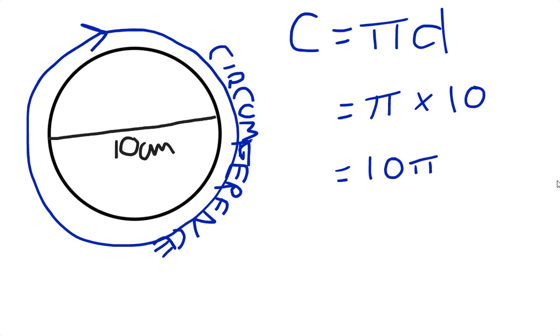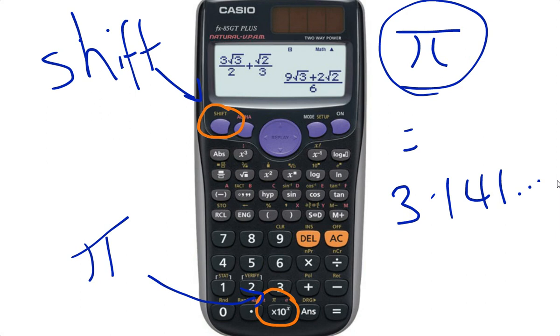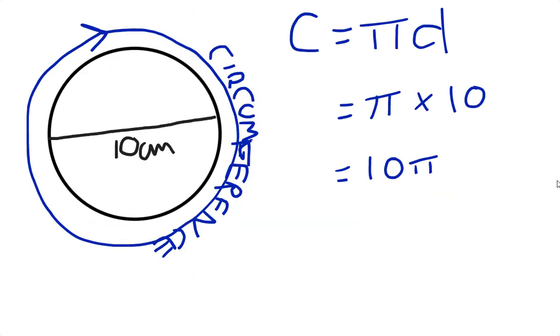If that's the case, then what I'd like you to do is just to make sure that you press this button here, this SD button, which will change it back into a decimal, which should give you 31.41, and because we measured it in centimetres, our answer will be in centimetres.